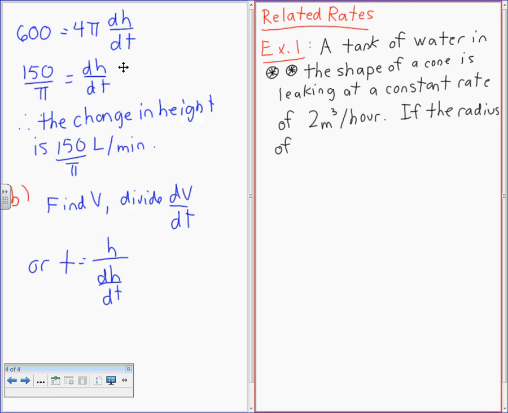The tank of water in the shape of a cone is leaking at a constant rate of 2 meters cubed per hour. If the radius of the tank is 5 meters and the height is 14 meters, A.